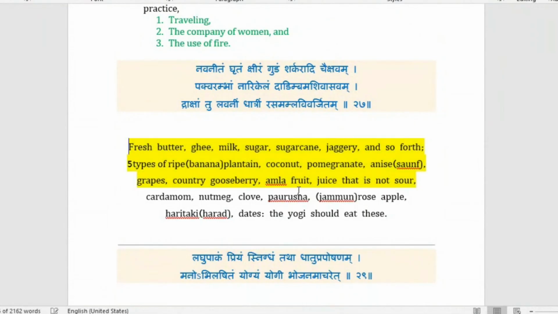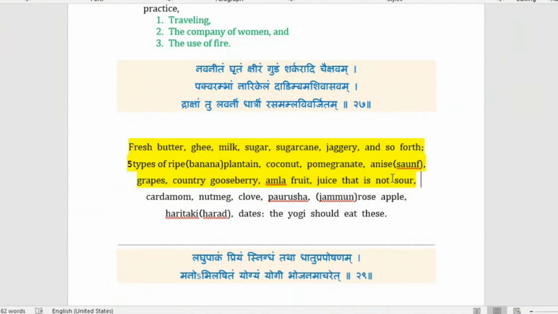I'll highlight it. So in some books, it is said that all these things in yellow should be avoided. That is one translation. In another book, it is said that dhatri rasa amla varjitam, so only juice that is sour should be avoided.